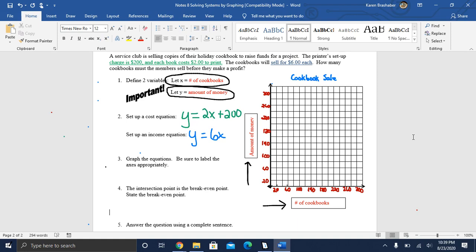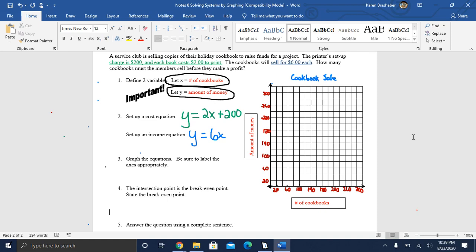So I just labeled every other line. And I did use the same scale for both the X and the Y. So you'll need to get your graph scale set up. And once you have that completed, then it asks you to graph the two equations.